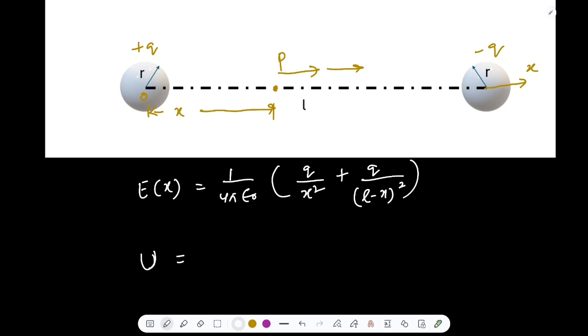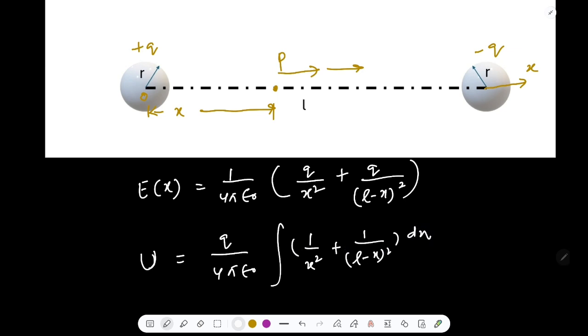I have read some books in which potential differences were written as U. I can write it as the difference between the higher potential and lower potential, and it will be written simply as the integral of q upon 4 pi epsilon naught times (1 upon x squared plus 1 upon (L minus x) squared) dx.